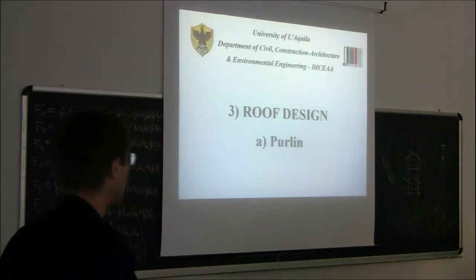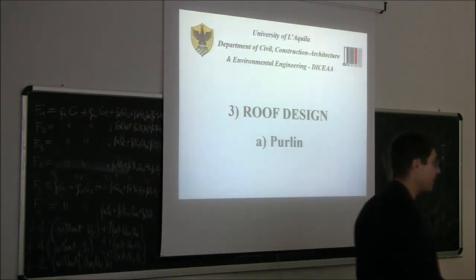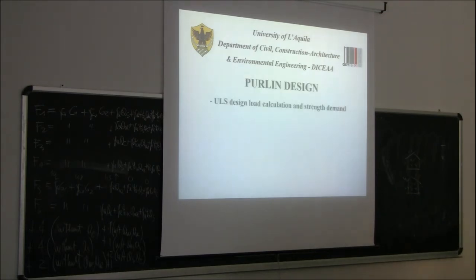Okay, so now we start doing the design, starting from the purlin. Purlin in Italian is arcareccio. So how do we design a purlin? First we need to calculate the design load at ultimate state, so the governing design load at ultimate state, and then the strength demand.